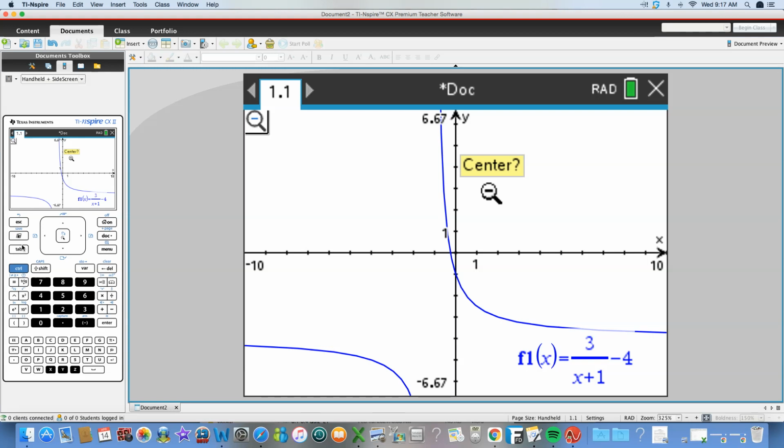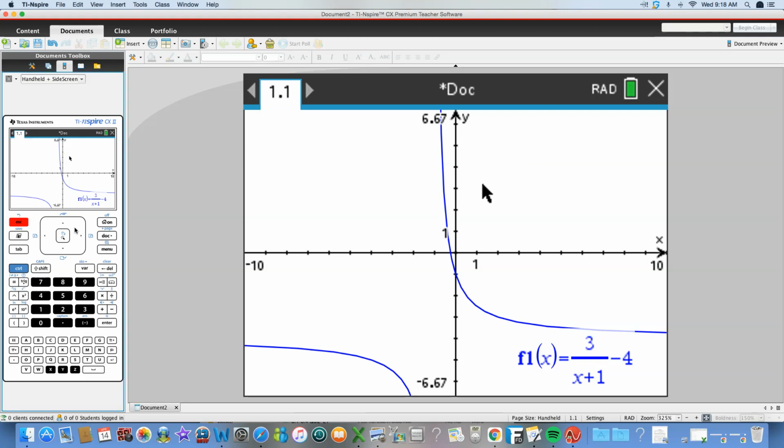Now, the key thing that you have to be aware of is what is not drawn here, but you can tell there is one by looking at the graph. What's happening at, looks like it's -1?